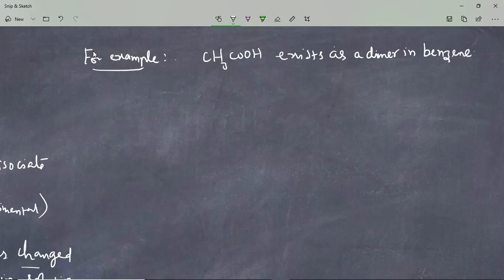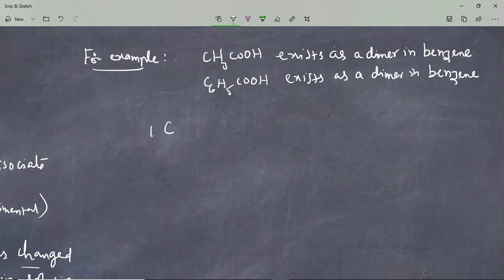Similarly, benzoic acid, C6H5COOH, also exists as a dimer in benzene. These are the best examples.